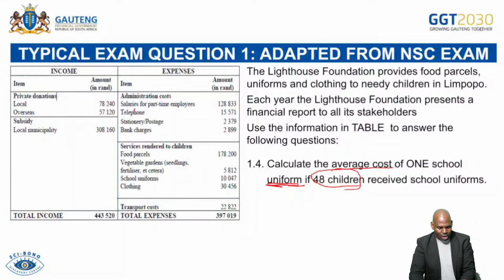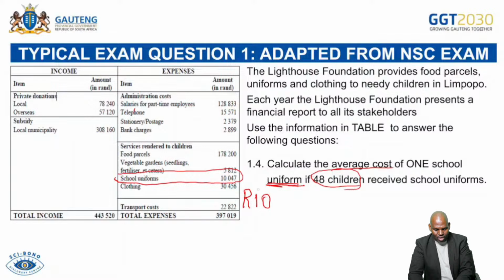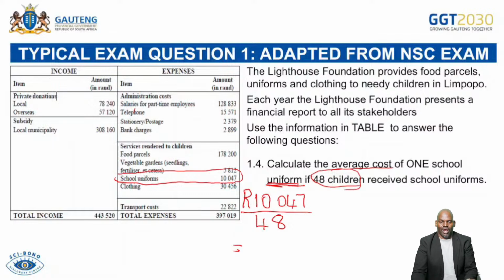But now when we check in our table, we can see that school uniform costs about 10,047 rand. So I take 10,047 rand, and I divide it by 48. There it is.